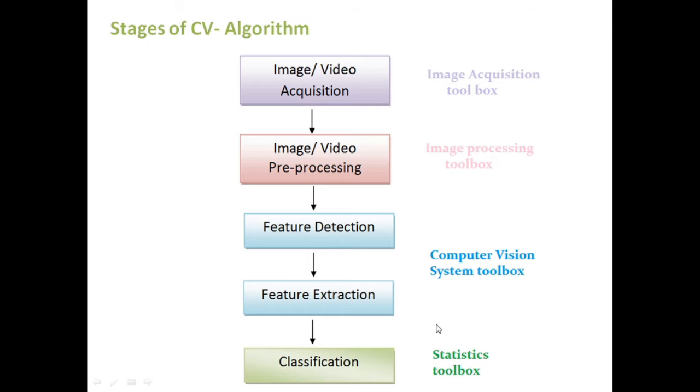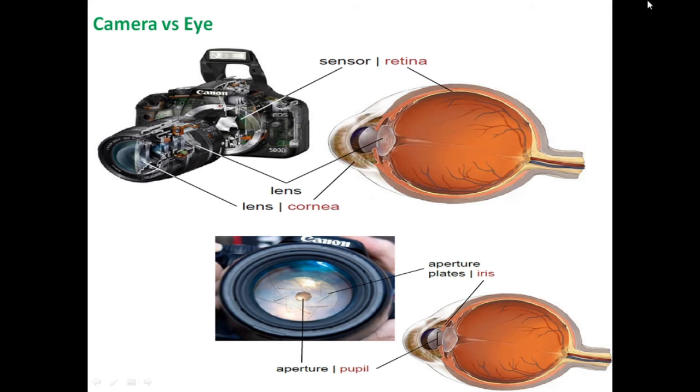After this I am able to do the classification. That means what kind of object I am seeing is supported by the Statistics Toolbox. So these are the algorithm stages of your computer vision algorithm.